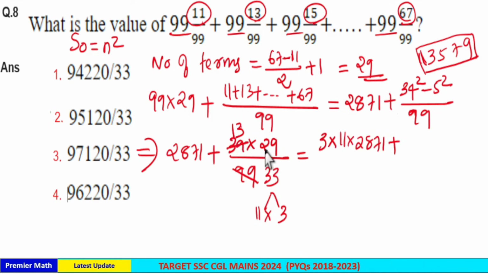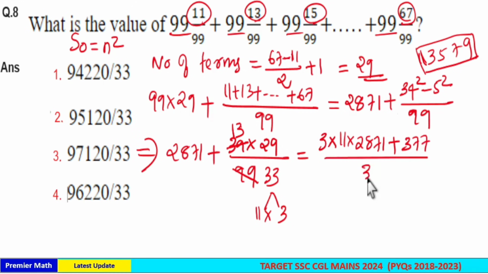29 into 10 is 290. 29 into 3 is 90 minus 3, 87. So 290 plus 87 is equal to 377, divided by 33. Now the 11 multiplication trick. 1 here, 7 plus 1, 8 here, 8 plus 7, 15. 1 carry over, 2 plus 8, 10, 10 plus 1, 11. 1 carry over, 2 plus 1, 3.